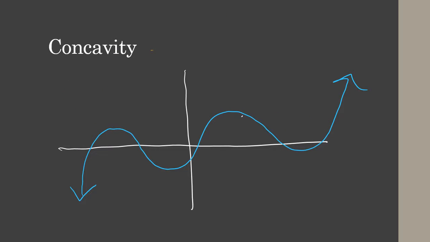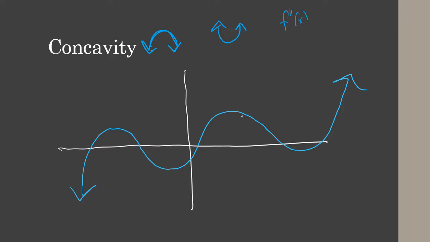So the next point that we're going to be talking about is concavity. And we have times where it's concave down, or it's kind of like a downward parabola or an upside down bowl. So that's concave down. And then we'll have times when it's concave up or upward. Now concavity we find with the second derivative.